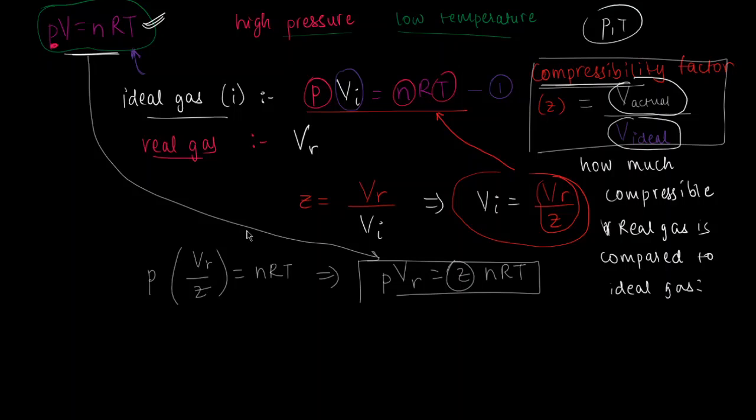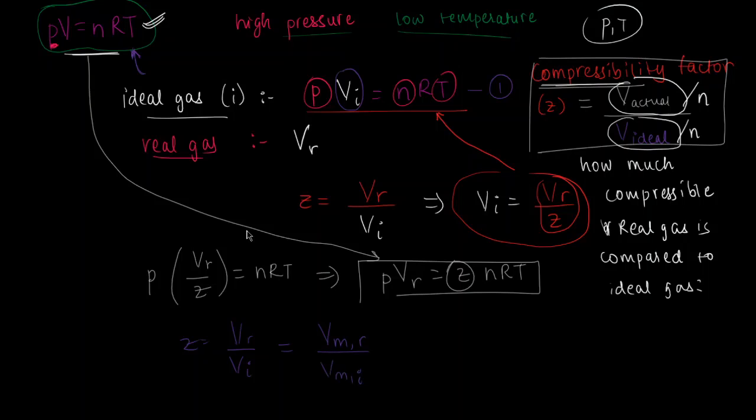A quick note though: instead of V actual and V ideal, we can also use the molar volumes. By molar volumes, we mean we divide both the numerator and the denominator by the number of moles, and this gives you not the volume but the molar volume. So the compressibility factor is equal to V real divided by V ideal, but it is also equal to the molar V real divided by the molar V ideal.